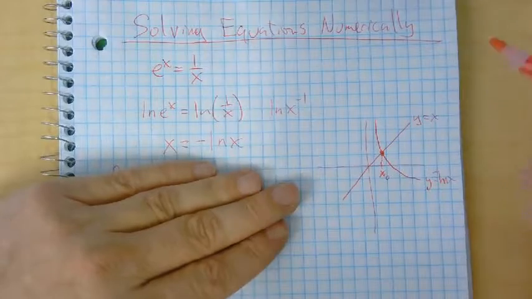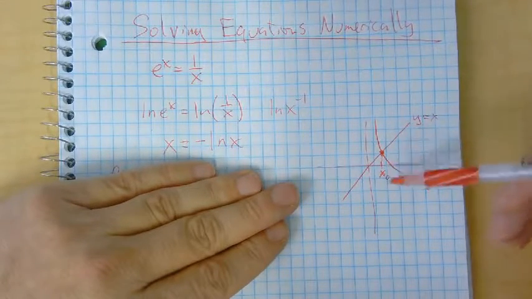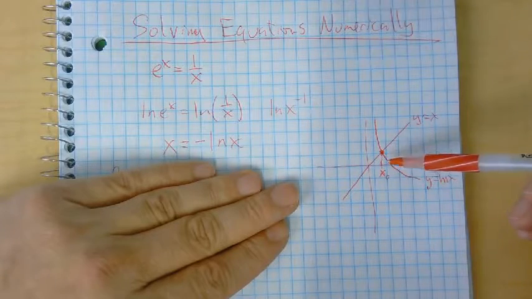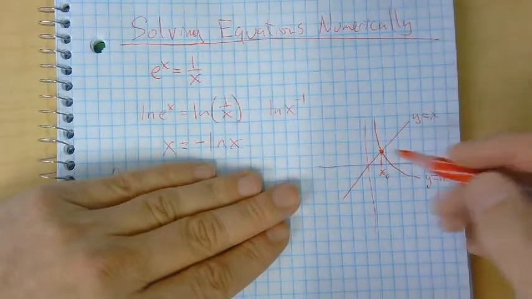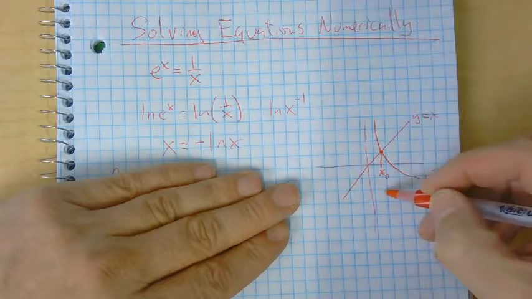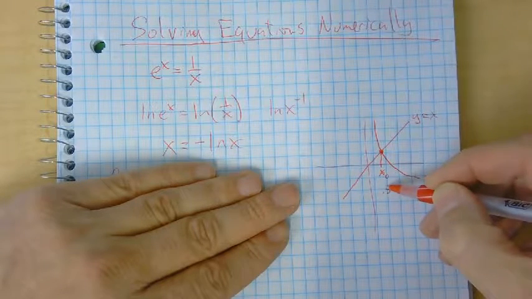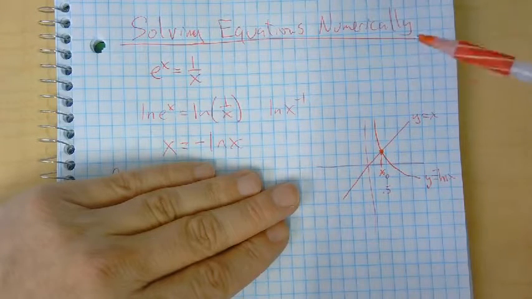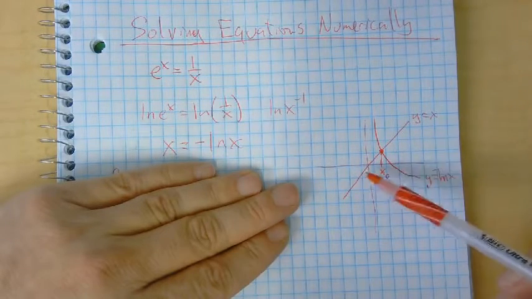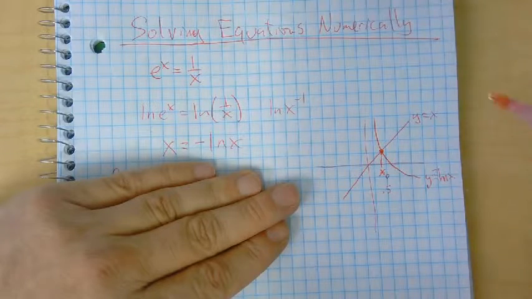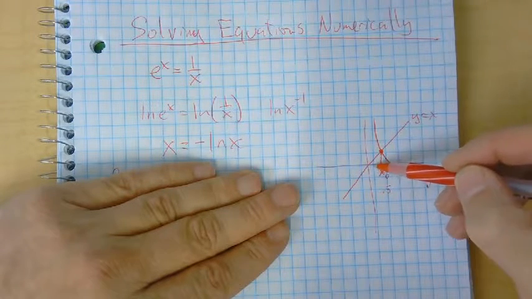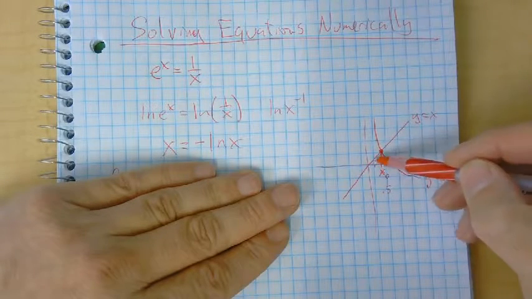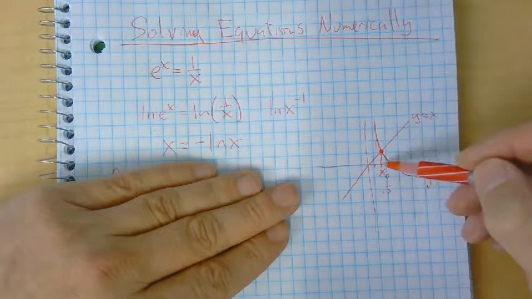All right, so now to figure out where exactly this is, what I need to do is have a general idea of where it is. And if we graph both these things, we see that this is somewhere around 0.5. Okay, and now I'm going to create a function that is going to do one of these minus the other one. Because if you notice, out here, if I did this function minus this function, I would get that amount.